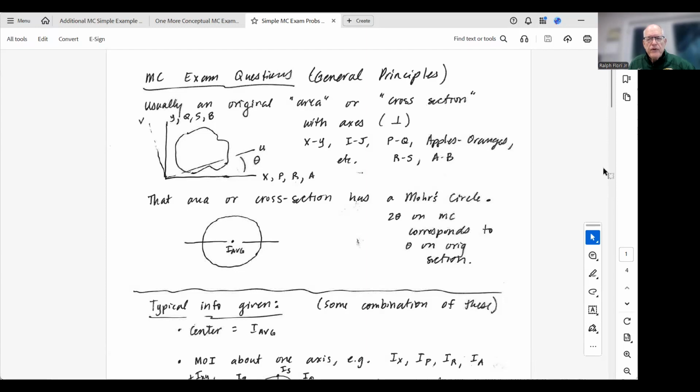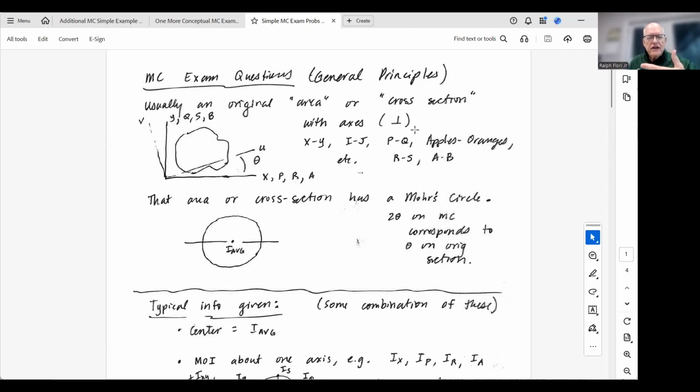So these are some general principles that you need to be aware of on Mohr circle style exam questions. Again, there's an original area, which is usually a beam shape or something. It's sometimes called a cross section. Typically, it's going to have an original set of axes that might be called XY, IJ, PQ, apples, oranges, Ralph, James, whatever.